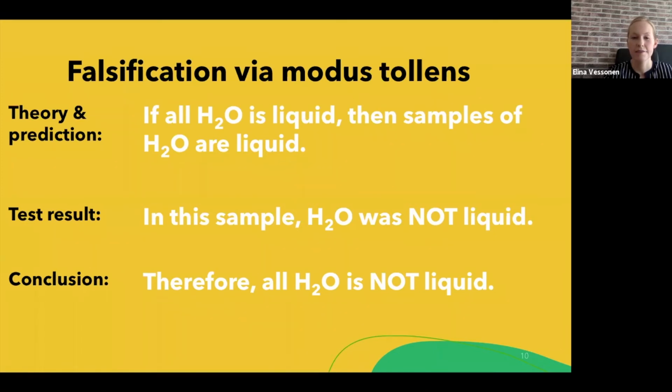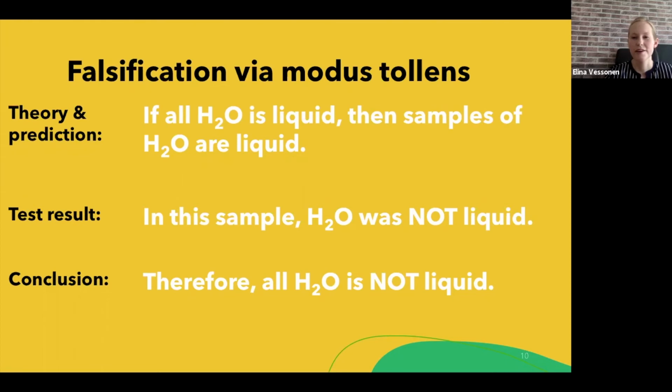So we have falsified our prediction, it looks like. Can we now conclude that our theory is false as well? Well, in principle, we can. So it's a deductively valid argument to then conclude from this that therefore it's not the case that all H2O is liquid. And this argument form is called the modus tollens.